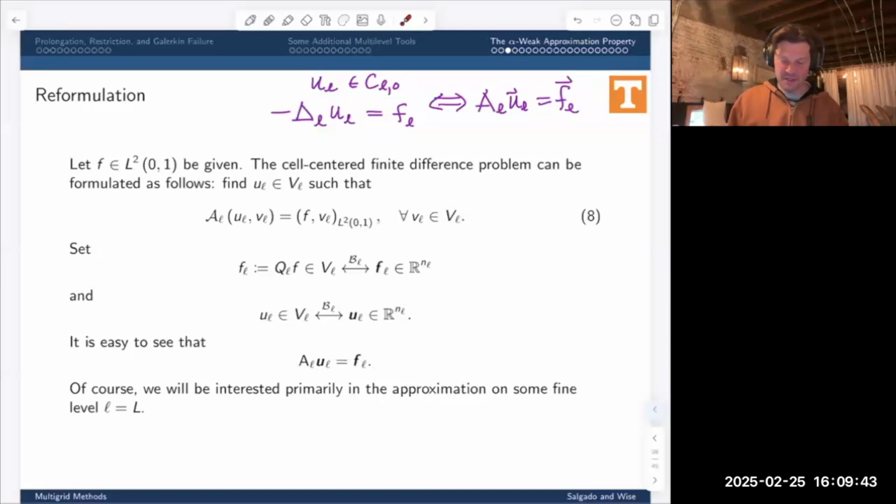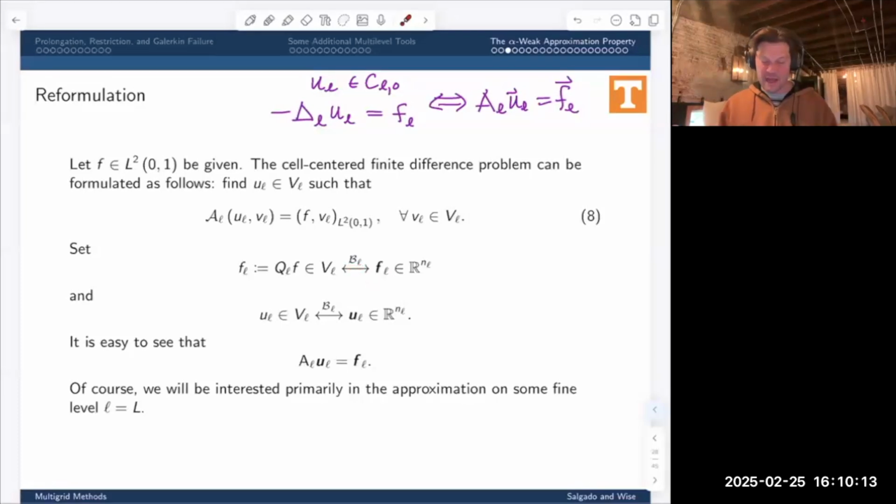So we convert this into this variational problem over spaces of piecewise constant functions, where this FL is just the projection of F into the space of piecewise constant functions at level L. Now, if we convert that into a vector through the basis, we're going to call that vector FL.